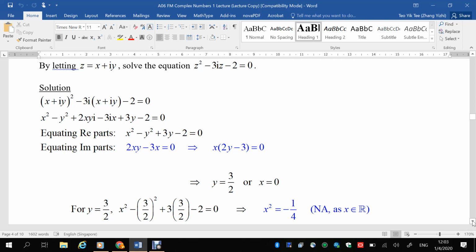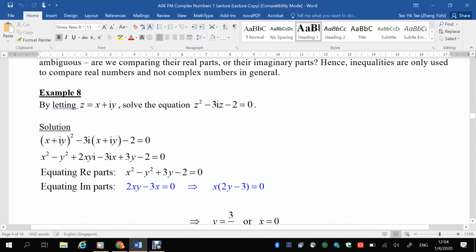And there will be no solution to the original equation. So you are telling me there can be no solution to this equation? No, impossible. Why do I say impossible?